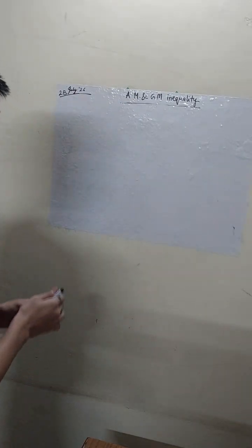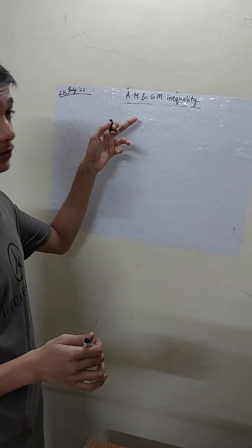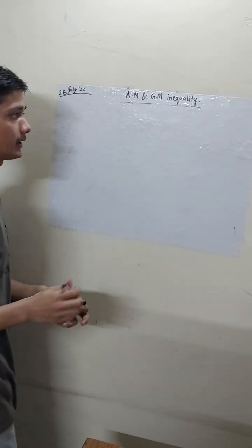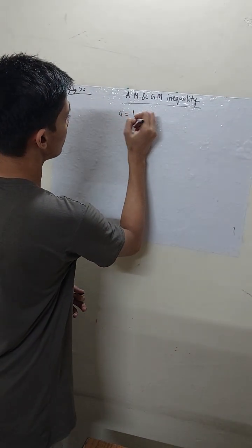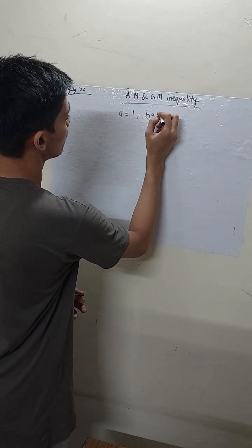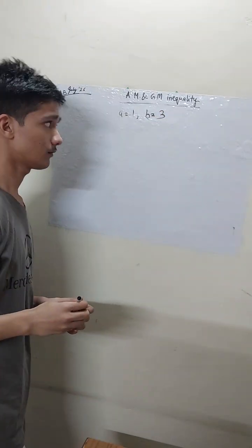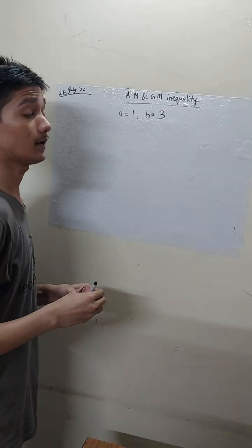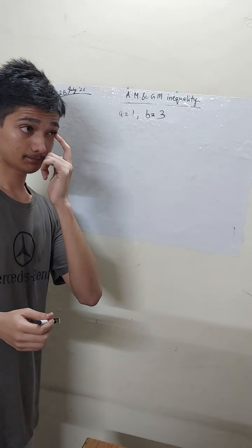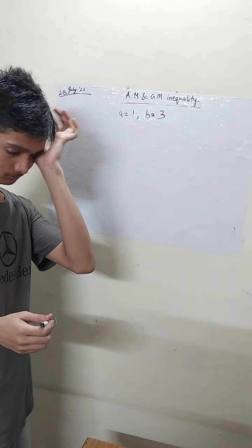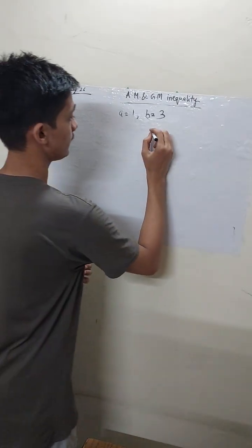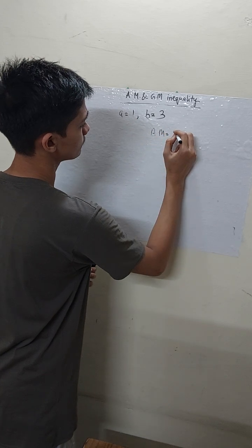Now going to the first example that we took at the start of the video, A is equal to 1 and B is equal to 3. So here AM would be 2.